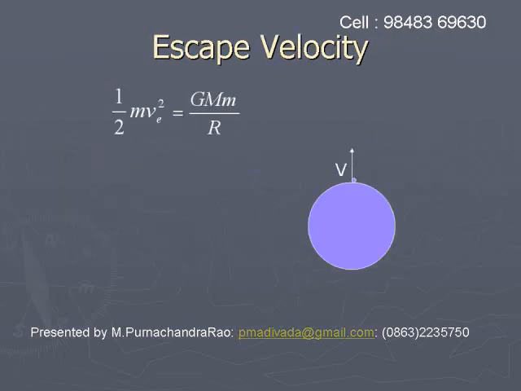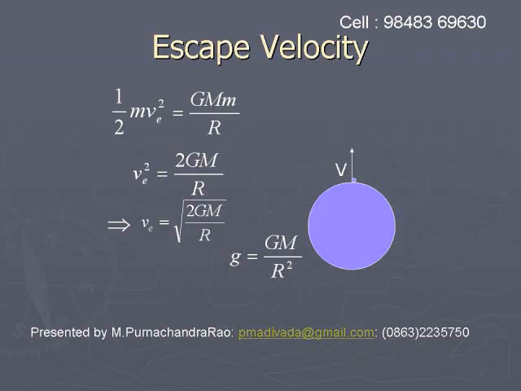We have the relation half m v square is equal to GMm by R. Small m gets cancelled, hence we get v square is equal to 2GM by R, from which we get v is equal to square root of 2GM by R. We know that small g is equal to GM by R square.